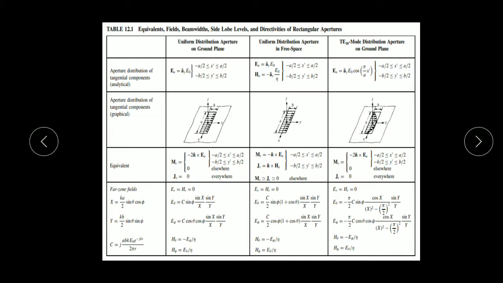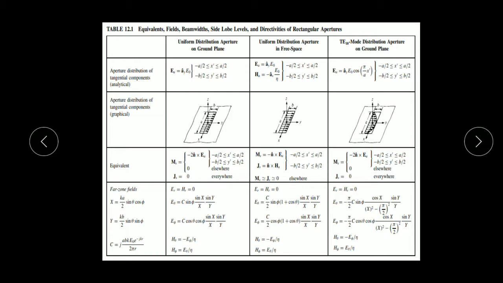Similarly, the electric component in the theta direction is given by C sin theta, sin x by x, sin y by y, where x is ka by 2 sin theta cos phi and y is kb by 2 sin theta sin phi in the far field zone. Similarly, C is equal to j a b k E0 e^(-jkr) by 2 pi r.